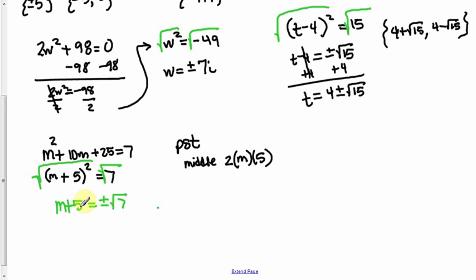You're going to subtract 5 from both sides. And you get m equals, always write the number first, the one that doesn't have the radical, negative 5 plus or minus square root 7. Any questions?